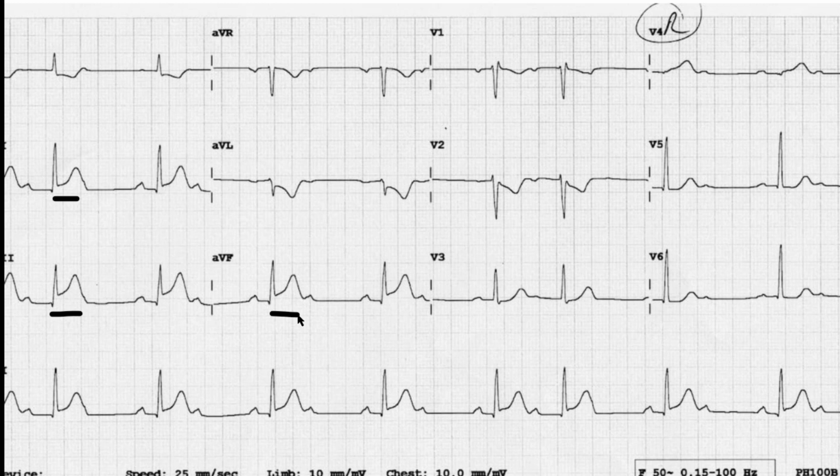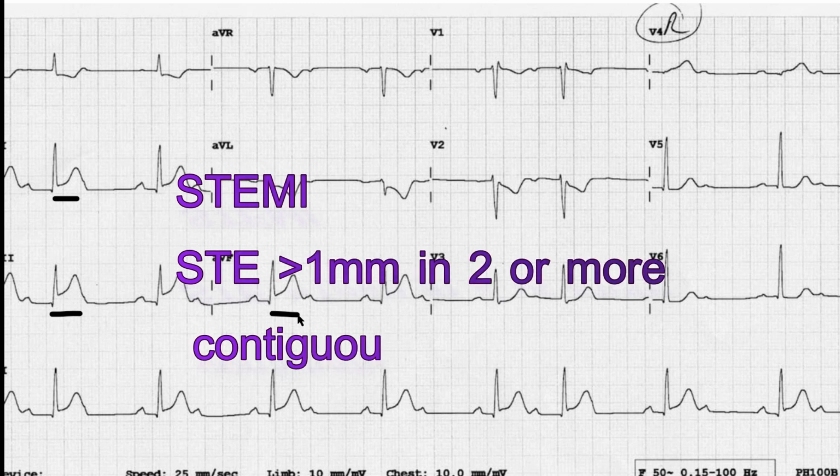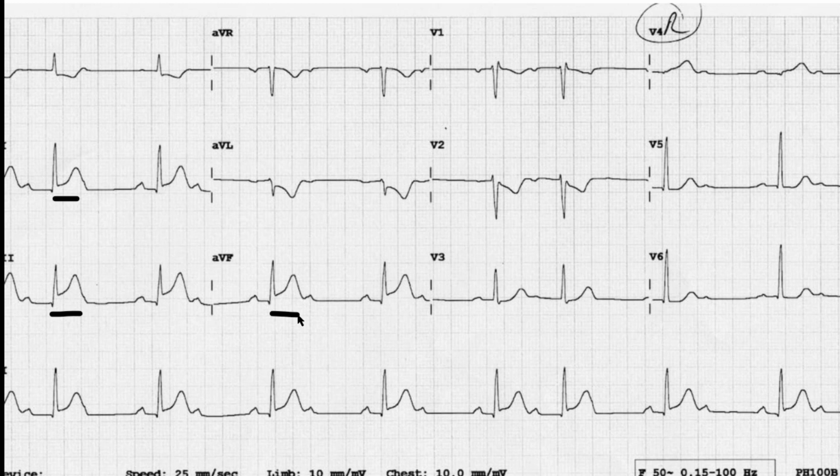By definition, any ST elevation of 1 millimeter or more in 2 or more contiguous leads is consistent with ST elevation MI, except for lead V2 and V3 where we have criteria based on age and sex.